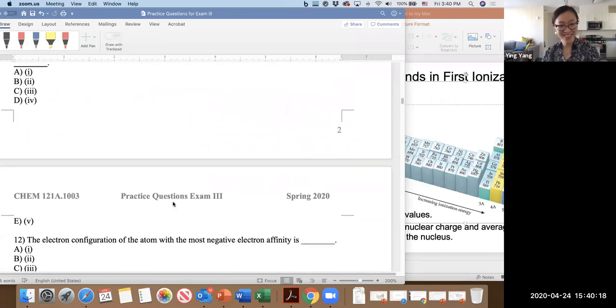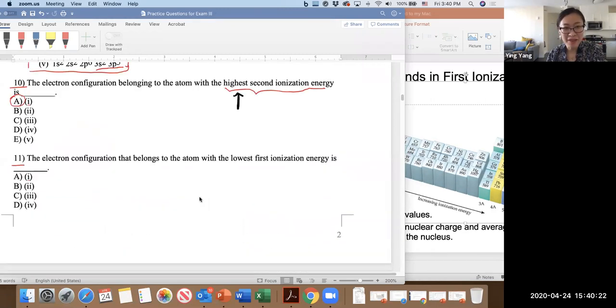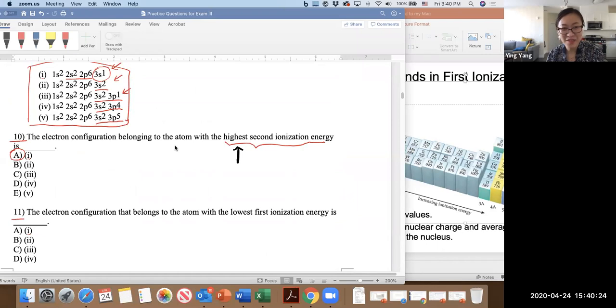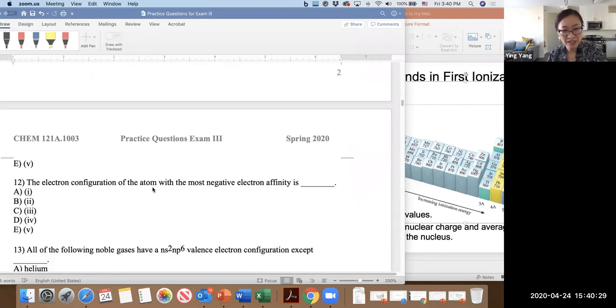Yes, good, okay. Question number 12, still based on these 5 elements. The electron configuration of the atom with the most negative electron affinity is, okay, now we're talking about electron affinity. What did we say? Where do we find the most negative electron affinity? In the halogen group, right?